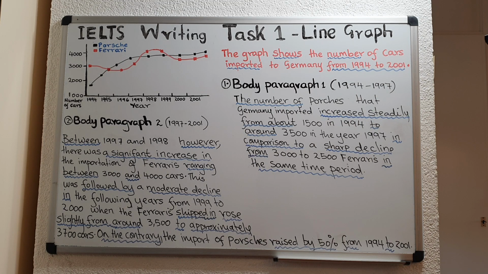So you need to count all the words from the introductory paragraph and then the overview and then body paragraph 1 and then body paragraph 2. And you are allowed between 170 and 190 words. So don't be afraid if you go a little bit higher with your word count. But if you go below 150, you will get penalized, okay?